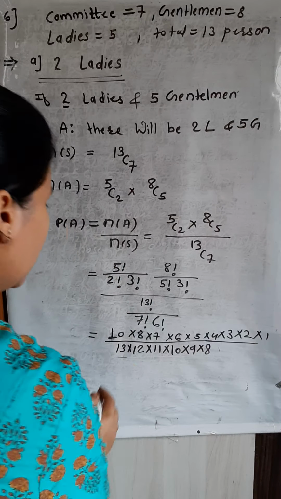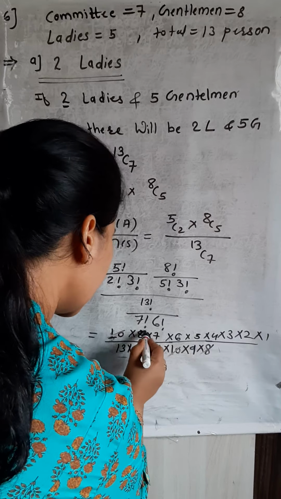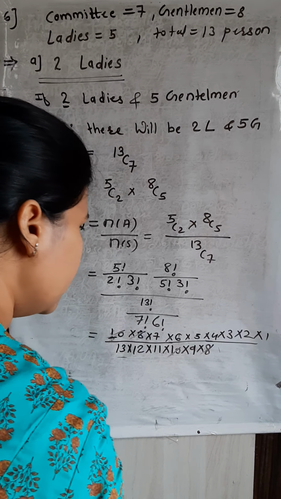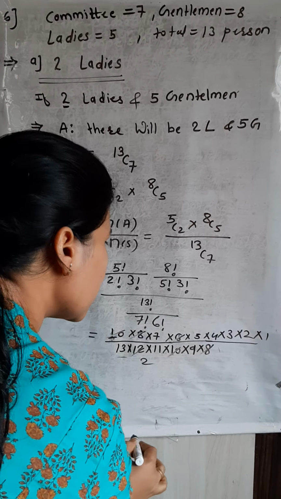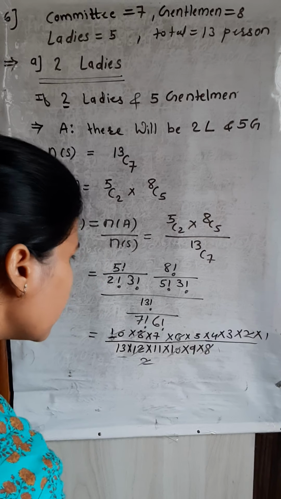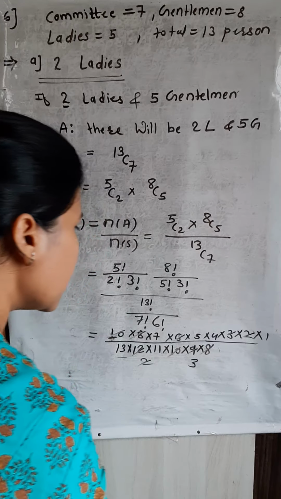Now we'll divide the common terms. 10 gets cancelled, 8 gets cancelled, then 6 and 12 are 2 times, this 2 and this 2 get cancelled, and what is remaining? 3, and this 9 is 3 times.